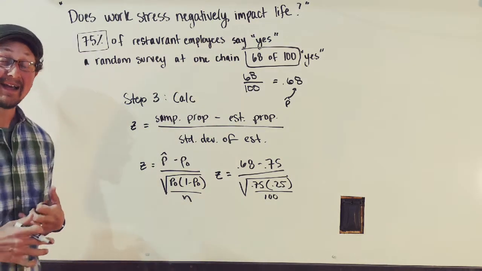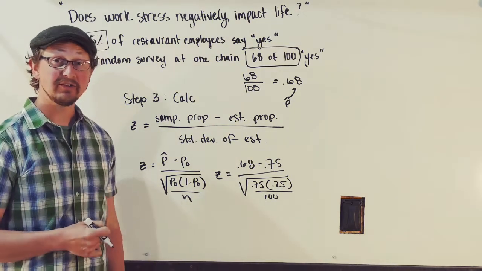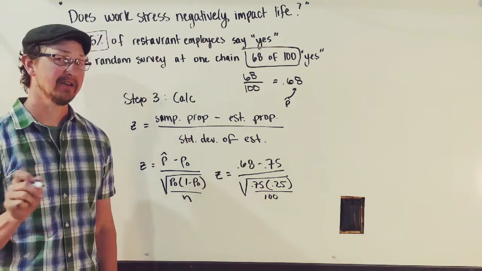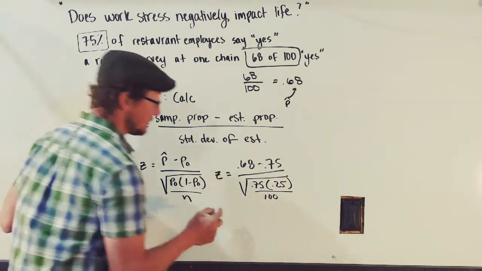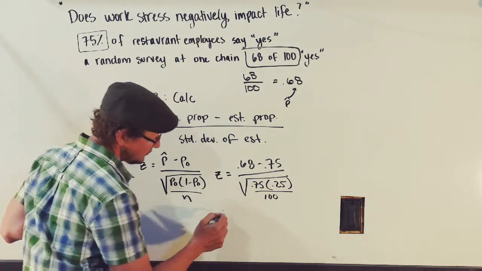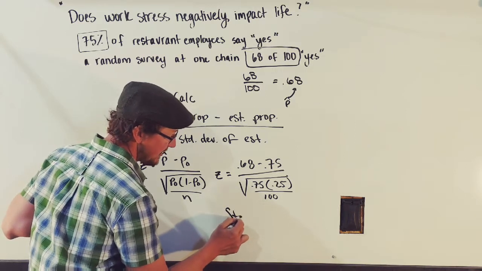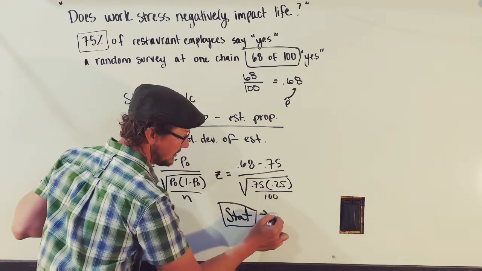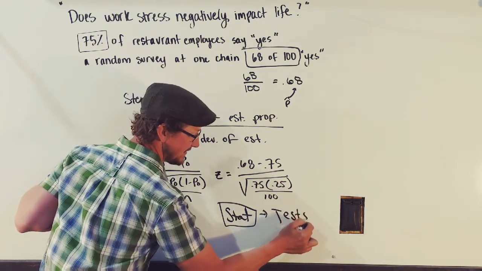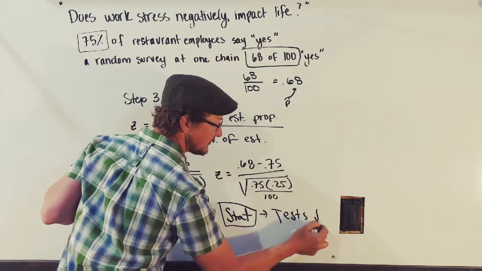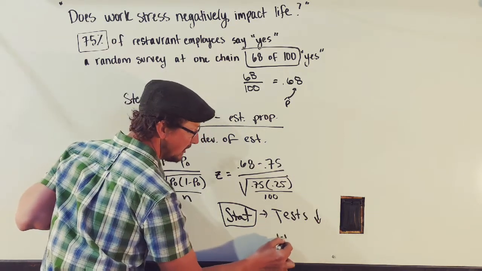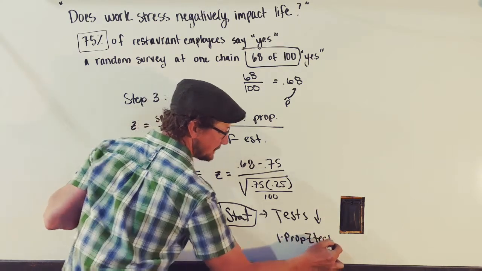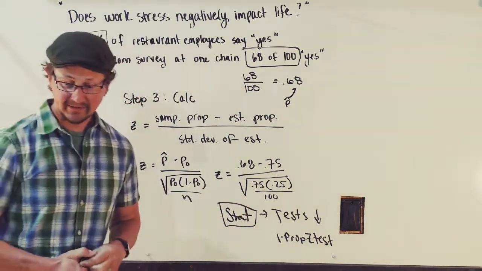I'm going to use my TI-84, you can use an 83 to do these calculations, so I don't mess up the order of operations in my calculator. If you're going to do that, please follow these directions. You are going to hit your stat button, and then you're going to head on over to tests, and then from tests you're going to go down to 1-PropZTest.